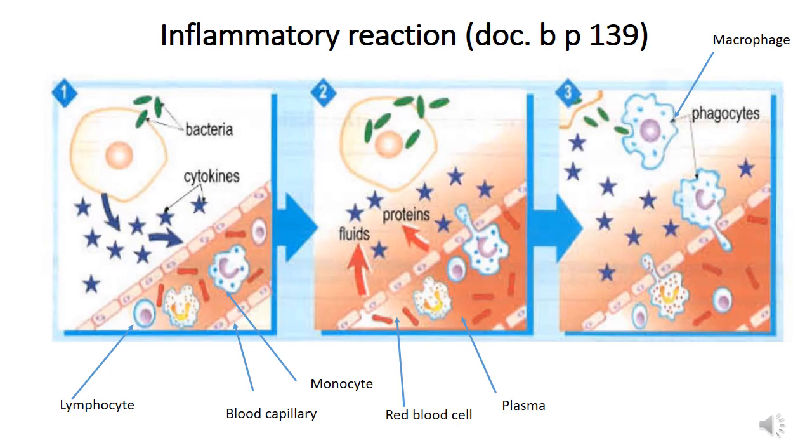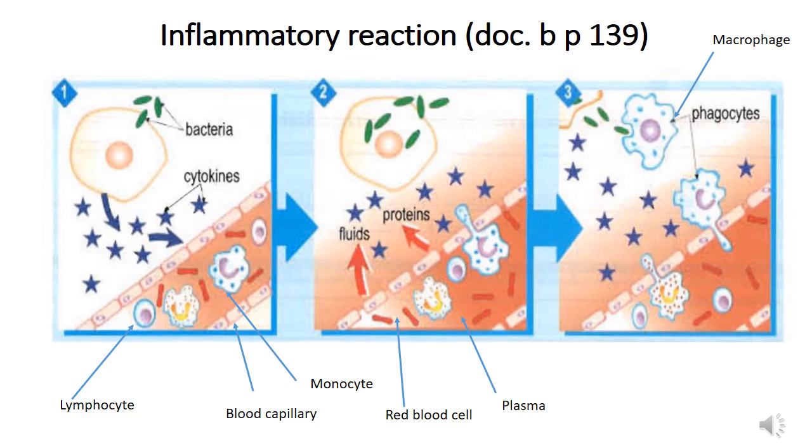Okay, all these changes that you see in figure 2 are caused by cytokines: increase in blood vessel diameter, leakage of plasma outside the blood vessel, and also the leaving of the monocyte to the inflamed tissue.